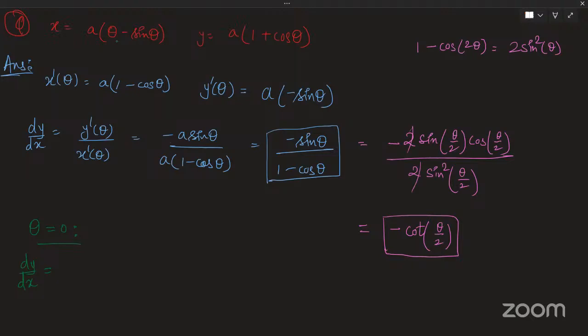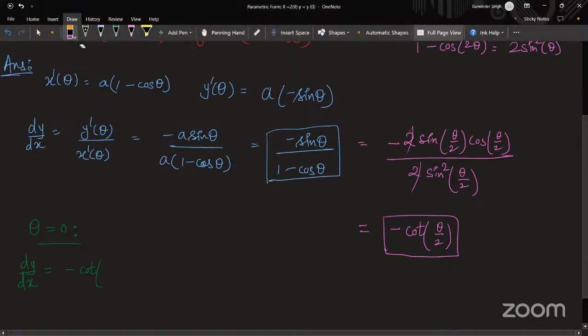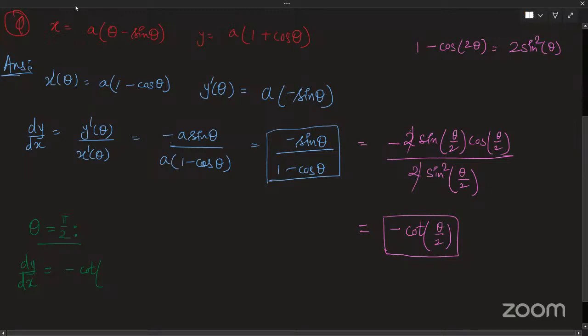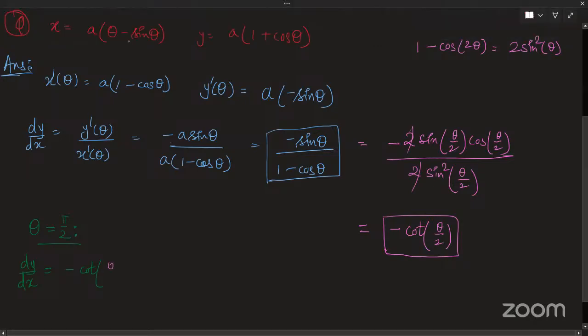Okay, just a minute. Let us take it to be pi by 2, because at 0 it won't exist. So for example, theta is pi by 2. Can you tell me what will be the value of dy by dx? Minus cot of pi by 4. So minus cot 0. What is cot of 0?